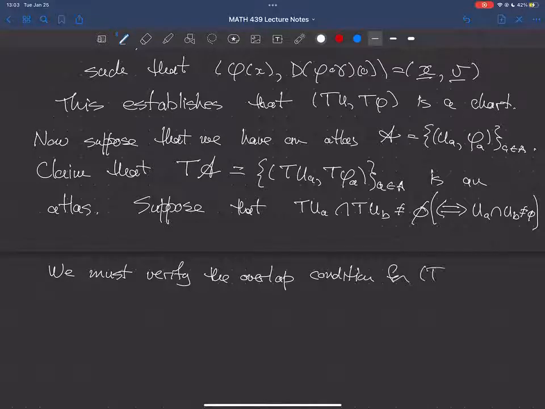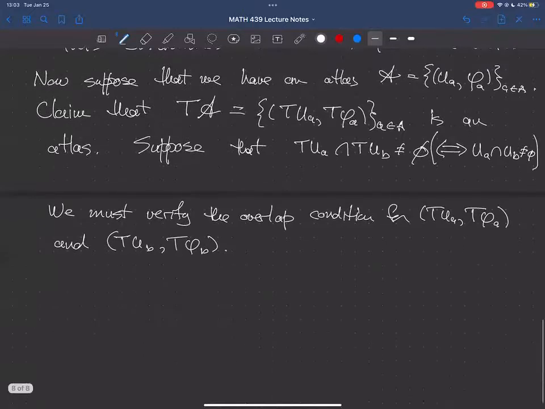For TU_A, T phi_A, and TU_B, T phi_B, and then we're done. So what does the overlap condition mean?